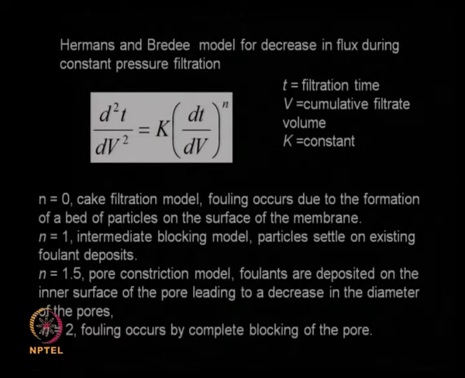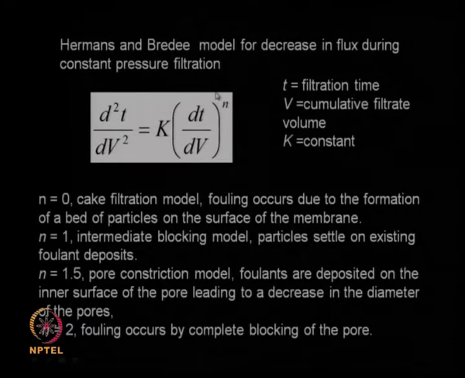That means we are applying the same pressure but still the flux will keep decreasing, and Hermans and Bredée have developed a model which is given by this particular equation: d squared t by dV squared, that is the second derivative of t with respect to V, is equal to K into dt by dV raised to the power n. t is your filtration time, V is your cumulative filtrate volume, and K is a constant.